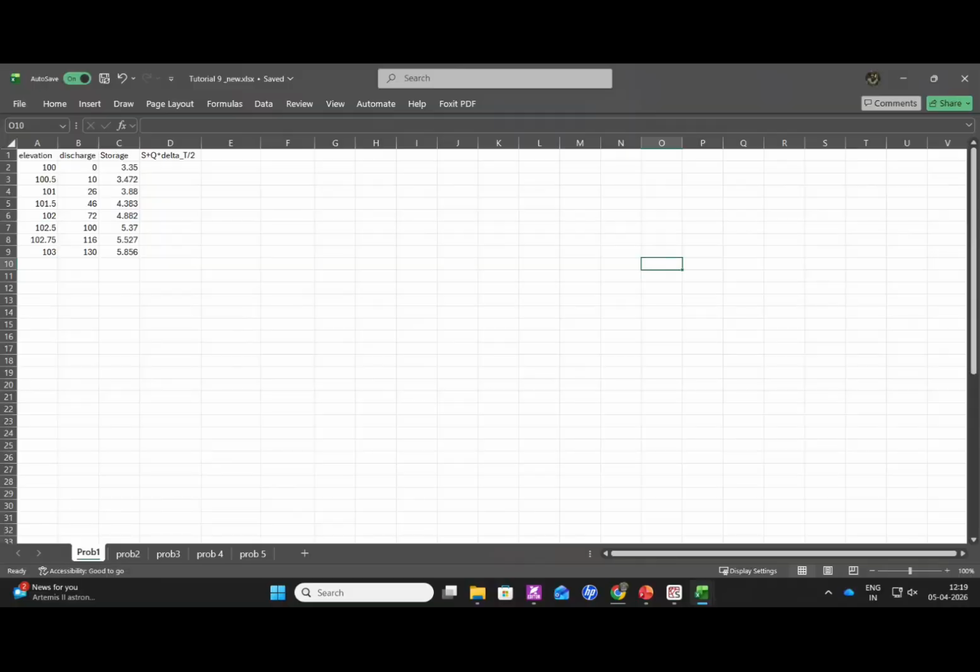So you are given the elevation and these are your discharge values. I have written them here, and these are your storage values.